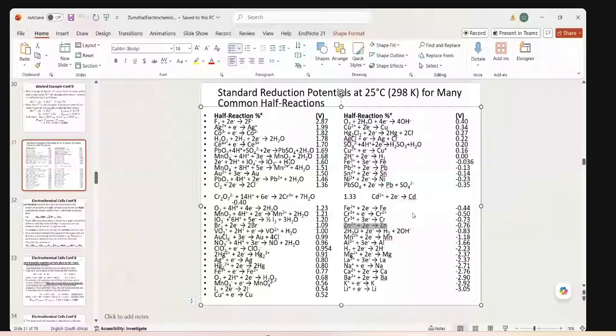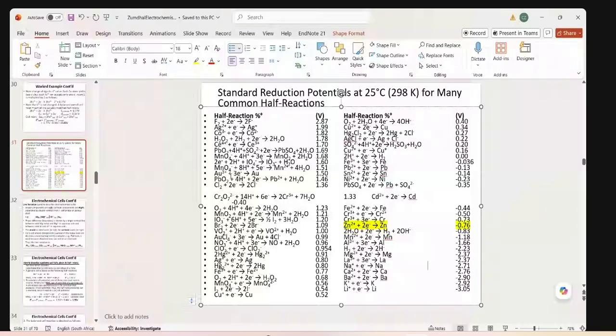Can you see where I've highlighted? Yes, I can see. The reduction potential for zinc is negative 0.76, right? Yes, sir. Then we go to hydrogen.